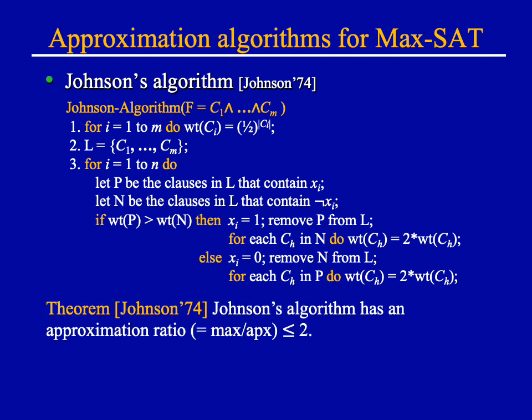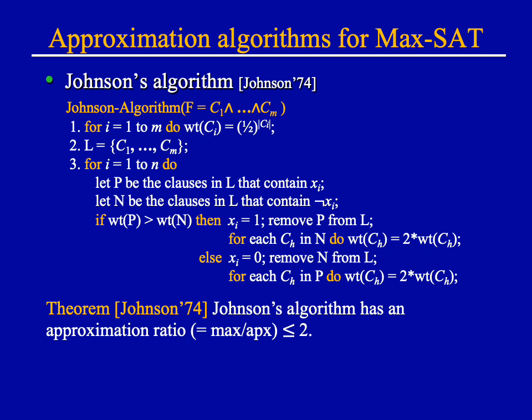The result is proved by Johnson in his paper. Johnson proved that his algorithm has an approximation ratio not larger than 2. Here, the approximation ratio is defined as the number of clauses that are satisfied by an optimal solution over the number of clauses that are satisfied by your algorithm.